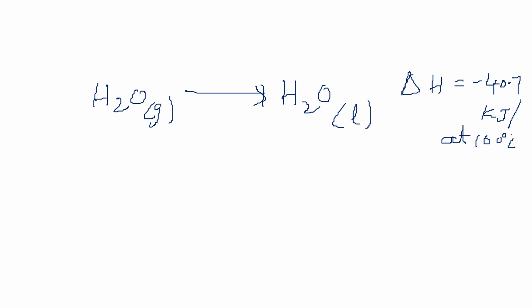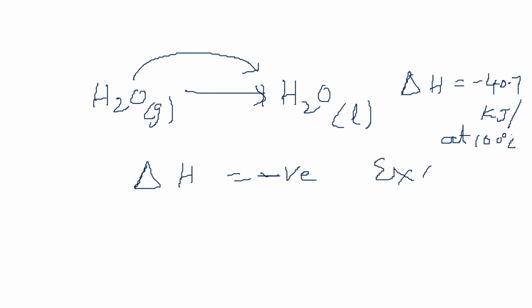This we can call condensation, gas converted into liquid water. Delta H is negative, so we can call it an exothermic reaction, meaning energy is given off as the water condenses. So we have different substances having different heats of vaporization.